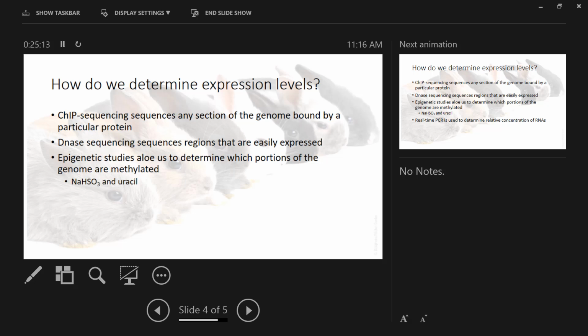So with the sodium bisulfite, any cytosine that isn't methylated gets converted. Those cytosine residues are the main ones methylated, right? Specifically a cytosine right before a guanine. You remember that? The CpG sites are target methylation sites. Any cytosine that isn't methylated gets converted to uracil, and then you sequence it. Where you find a uracil, you know something converted that cytosine, which means it wasn't methylated.